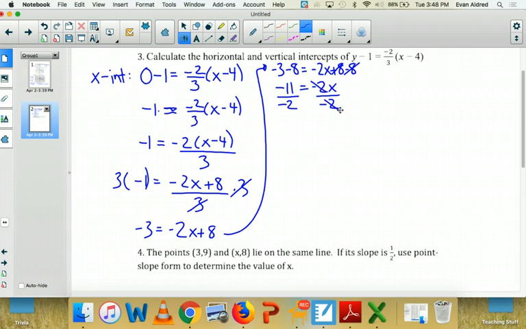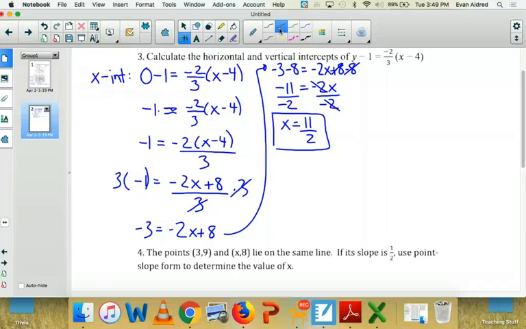Divide out the negative 2, and we have an x-intercept, or a horizontal intercept, of 11 over 2. Okay, that trick of putting everything over top of your denominator 3, it's something we looked at in the measurement unit, and it comes in handy here because then you don't have to work with fractions any longer than you have to.